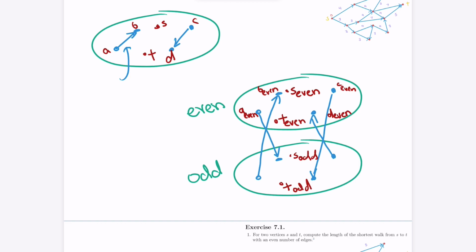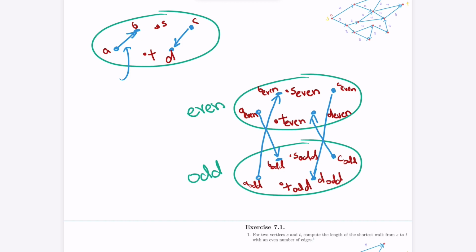And I've made 2 copies of every vertex: B odd, A odd, C odd, D odd. As usual, apologize for handwriting. And I've connected the edges from the odd version to the even endpoint.